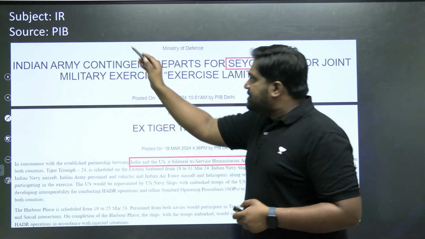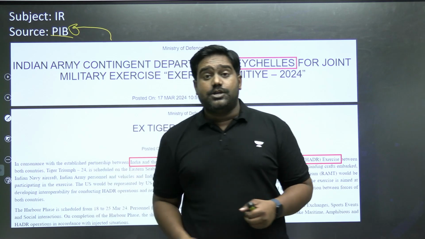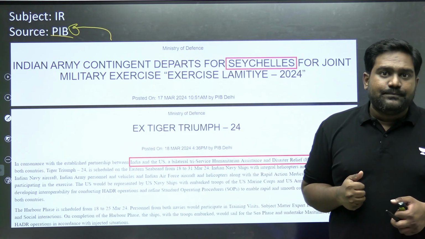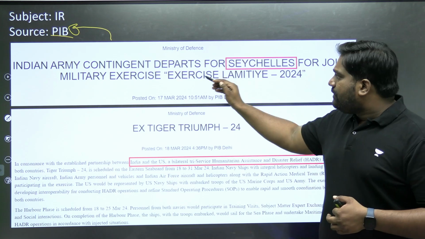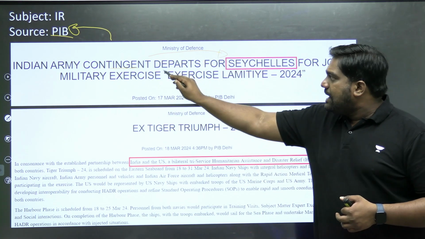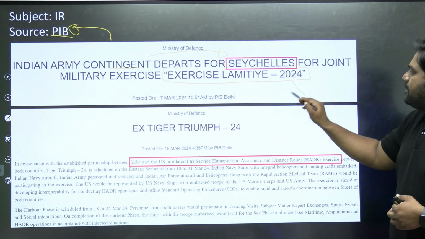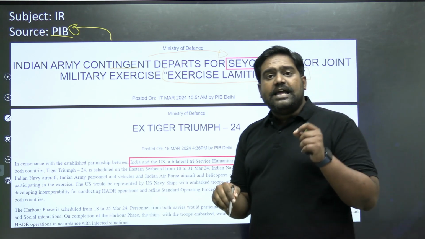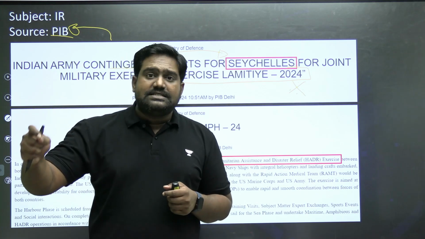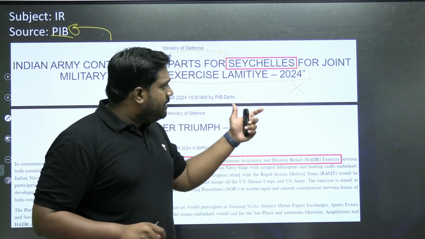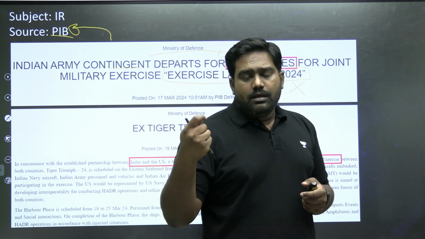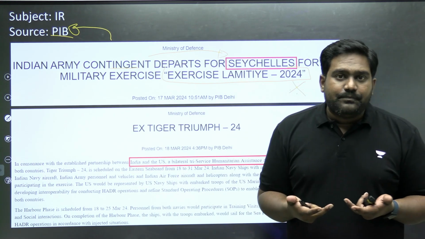We had a press release from the PIB, from the Ministry of Defense, that mentioned 2 of these military exercises. Last week, Indian Army contingent has departed to Seychelles to participate in exercise LAMITIYE. This is a biennial army exercise between Indian Army and the Seychelles Defense Forces, and LAMITIYE, in the local language of Seychelles, the Creole language, it means friendship.